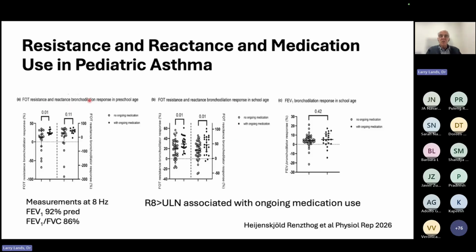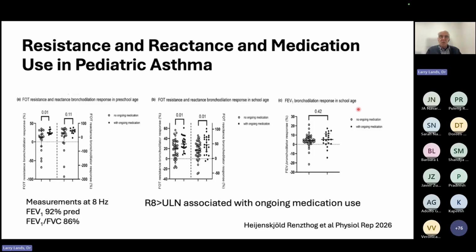This was preschool. This is in the school-age child. You'll notice that in the school-age children, when they used FEV1, it really didn't distinguish between those with no ongoing medication use and those with ongoing medication use, suggesting that oscillometry can be more sensitive to picking up ongoing medication use.